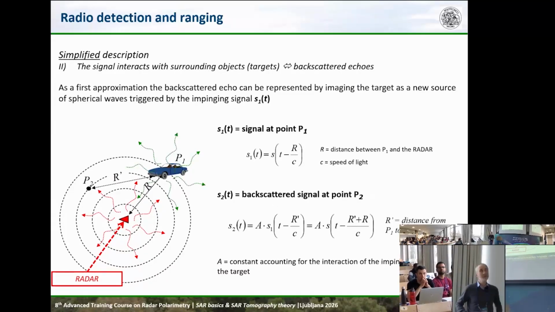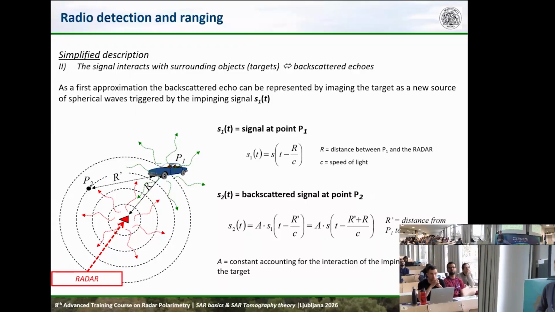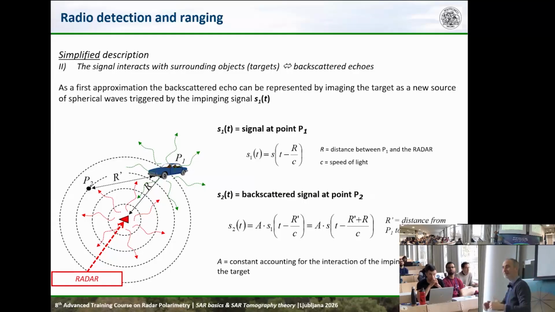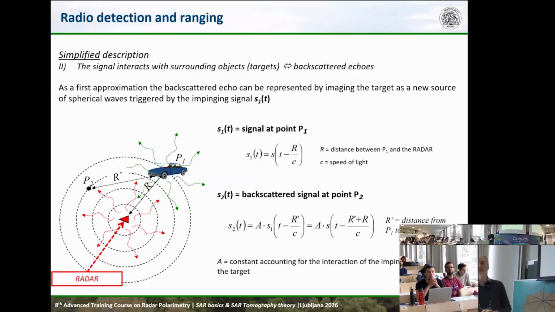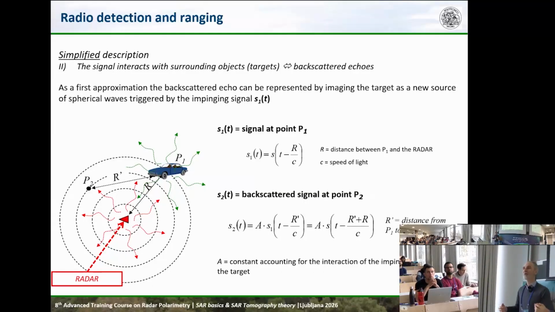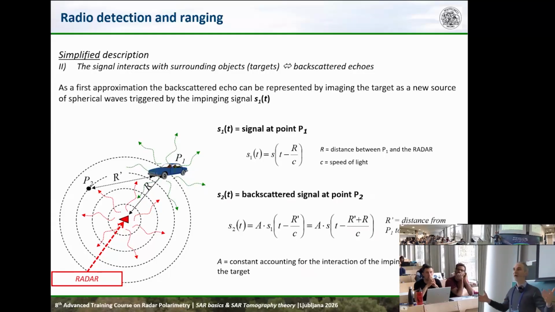Then let's assume now that at this point P1 there is a target. The target is a military expression, but in this case we don't want to hurt any target, so they are nice targets. Let's say that there is a car. At this point, this car will be illuminated by the wave, and it will act as a new source of waves.